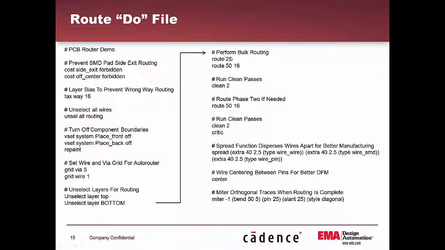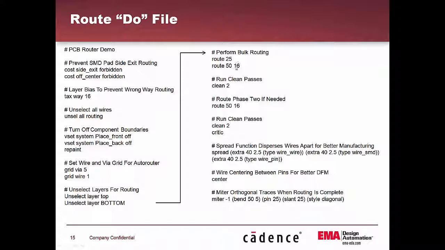And then up here is actually where we get down to the business of doing the routing. So I'm going to start off with 25 route passes, and there's some key algorithms in the Autorouter itself. And once it finishes the first 25, if it does not complete in that time, it'll go to this next route command, which routes another 50 passes, starting from pass 16.